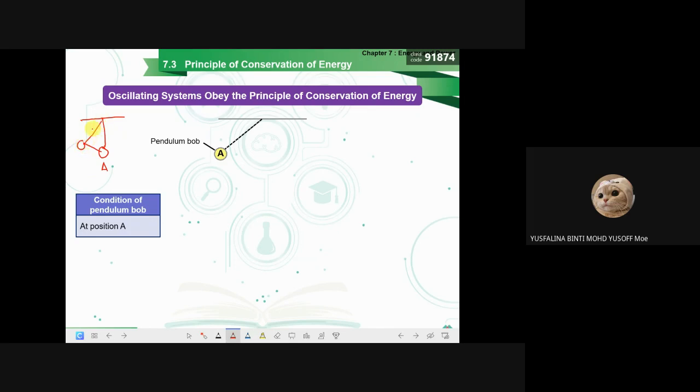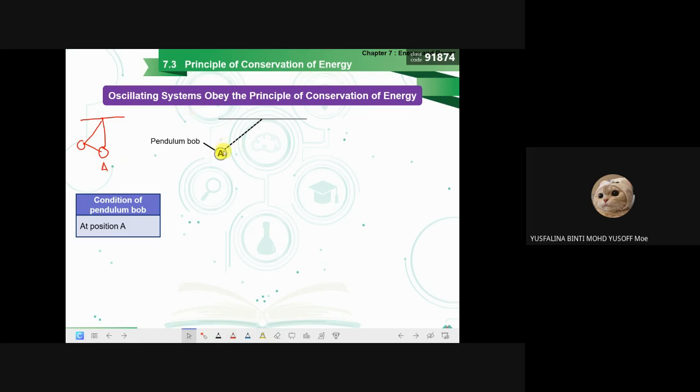Now you can see there is a change of energy, because there is a difference of height. So what is the energy that is due to its position? The energy that is due to its position is the gravitational potential energy.